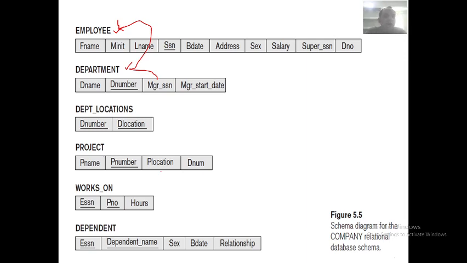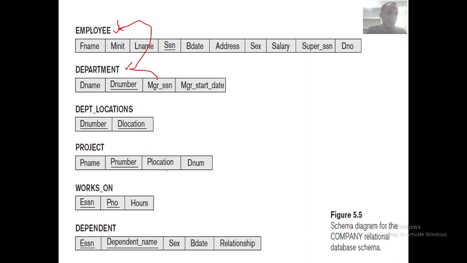Okay. Then is project location a foreign key or what? It is a foreign key because, see here now, department location is there, and in that location the project is going on.